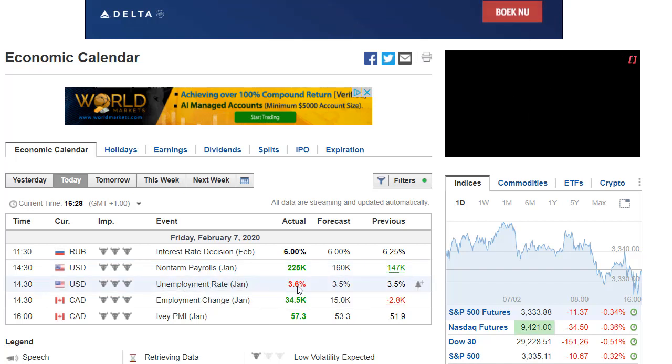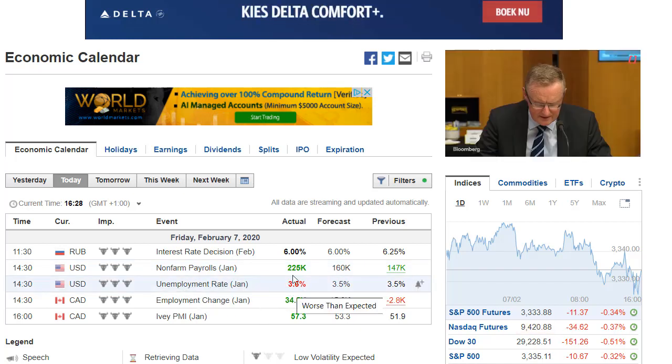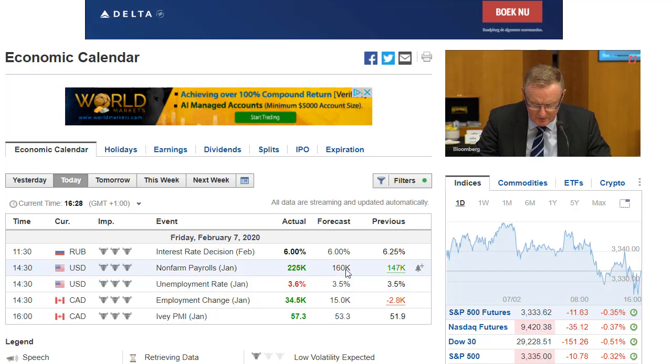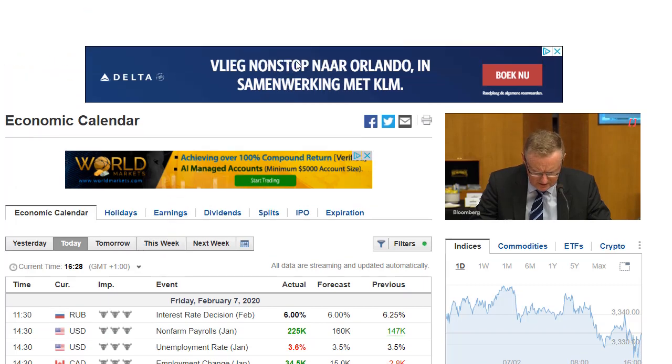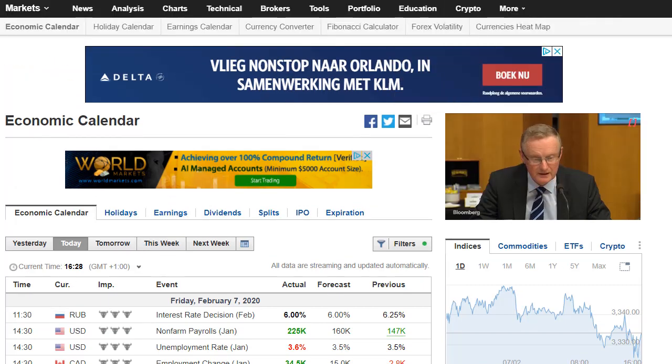Unemployment change was slightly negative, and this was way better than expected, and also as previous. Those are numbers that especially push price on the lower time frames. Through investing.com you can see these economic calendars that you can use to see that economic information.